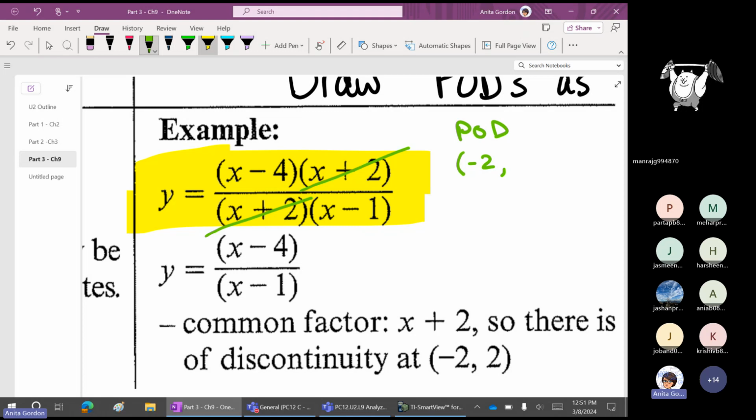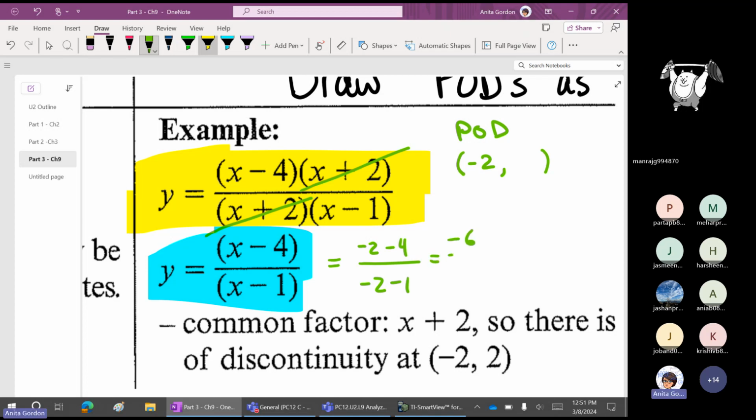Here is my simplified function now. In order to find the y value of this hole, I'm going to input -2 into my simplified form. Get -6 over -3, so this is +2. So the hole is at -2, +2.